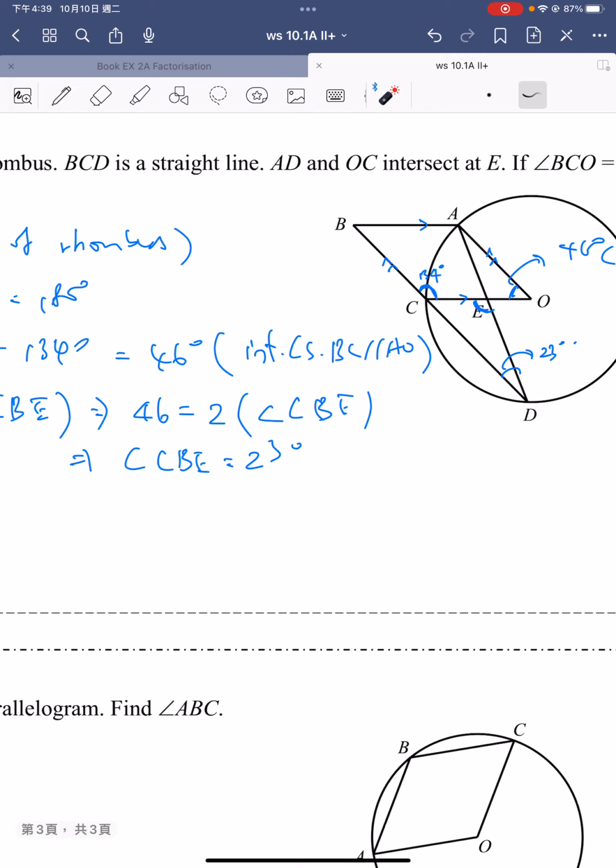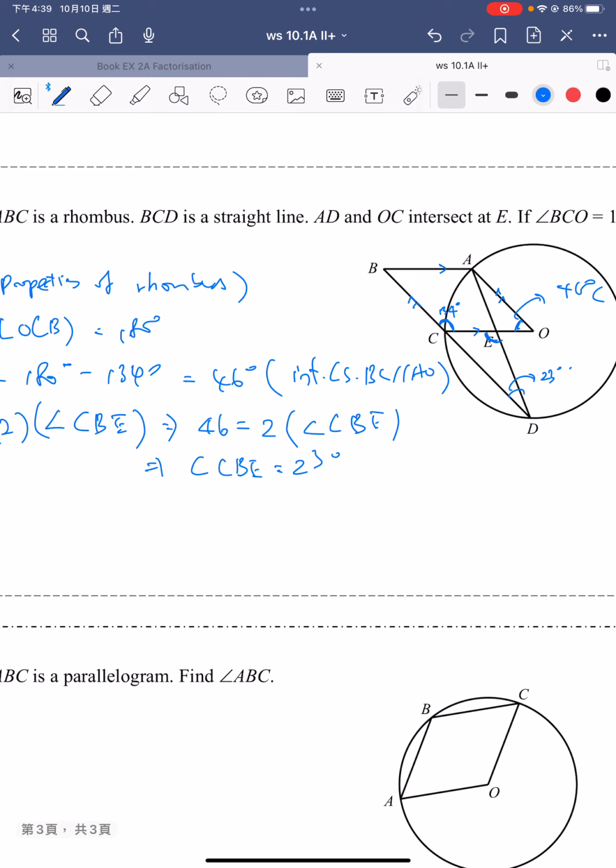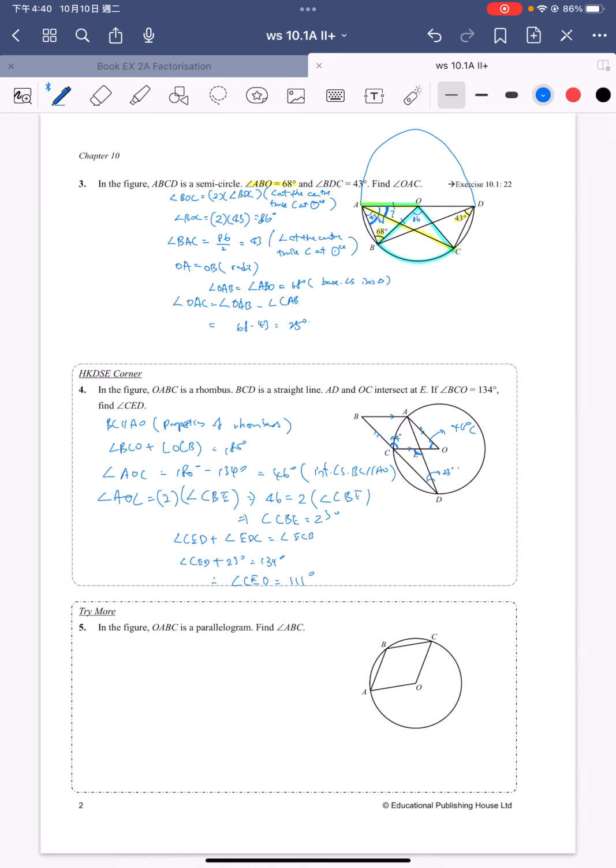So actually, we can say that this is an exterior angle. Then we can say the angle CED plus the angle EDC is equal to the angle ECB. So the angle CED plus 23 degrees will give you 134 degrees. So the angle CED is equal to 101 degrees. So that's for question 4.